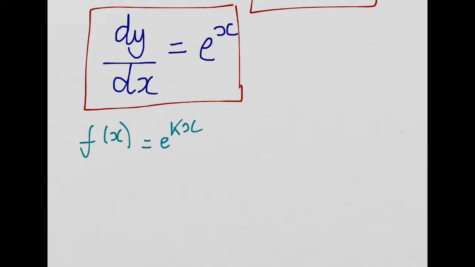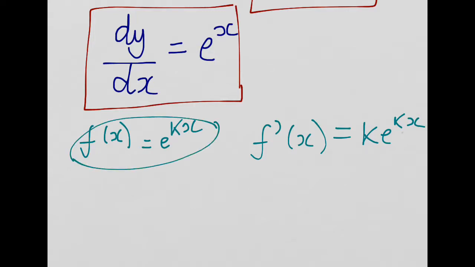Then the differential of e to the kx would be k e to the kx. So notice that if I have the function e to the kx and then I differentiate that, it's just the differential of the exponent.